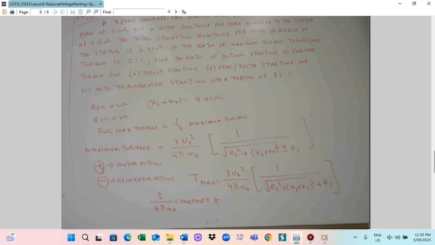Okay, so in this case, K is the constant. So this is 3Vs squared divided by 4 pi n0.